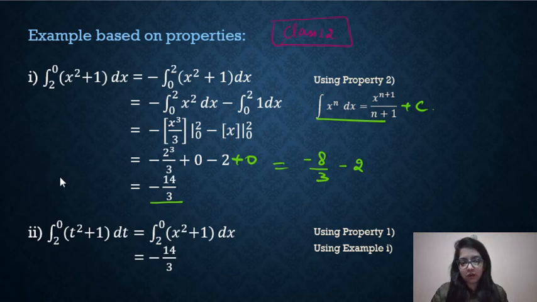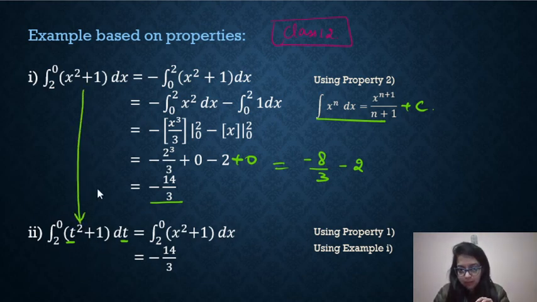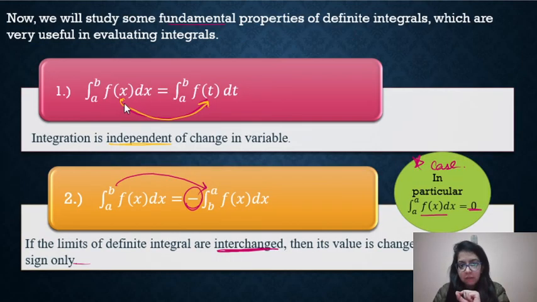This is very important, as it says the integral from 0 to 2 of t square plus 1 dt. Now as you can see, there is a function of t. Okay, so you don't have to do anything, as the function is exactly the same as this. Just use property 1, that is change the variable of x to t.